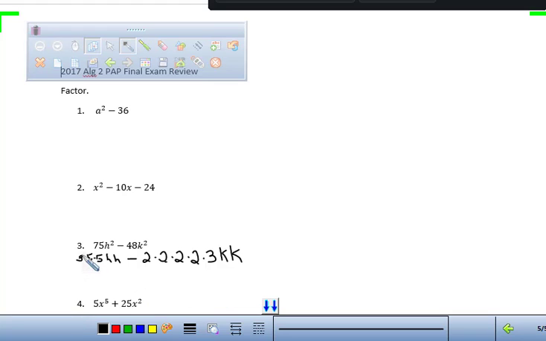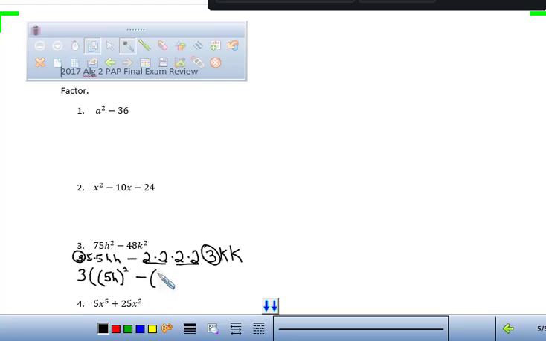So if you look here, we do have a greatest common factor of 3. If you bring that out, what you have left is 5h squared minus 2 times 2 is 4, 2 times 2 is 4, so 4 times 4 and k times k.